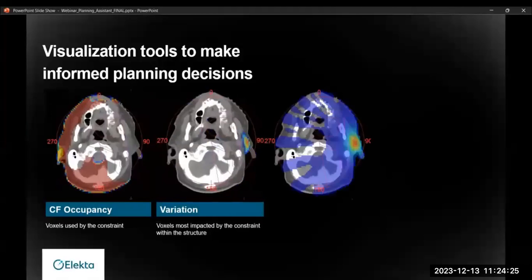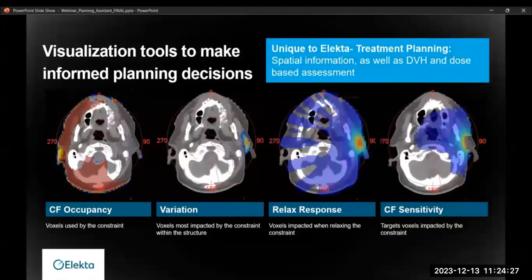These visualization tools I was talking about before really do guide you to make sure that you're going in the right direction. This variation tool effectively tells you where your constraints are working the hardest within a volume. So you can dynamically adjust your shrink margin or your cropping to be able to optimize your treatment plan.